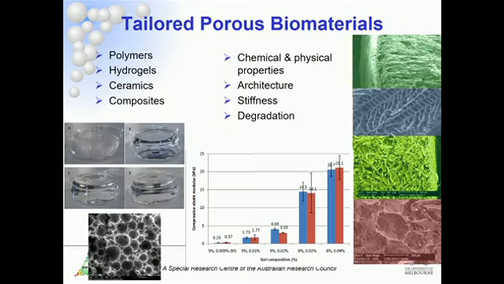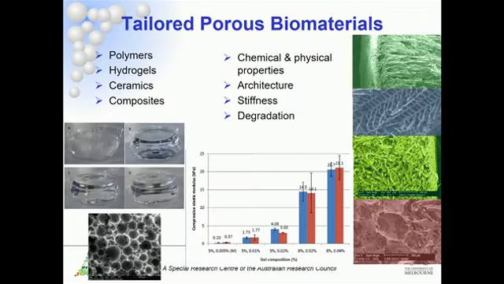Most of the molecules we're interested in our body are polymers, and we also have ceramics, which are useful particularly for bones, because our bones contain hydroxyapatite, so we can use ceramic materials to mimic that. Hydrogels are very important. These are water-swollen networks of polymers. So these polyacrylamide gels here are examples of hydrogels. They contain a lot of water. So that's like our extracellular matrix. And we can make composites. So there's a wide range of options here.